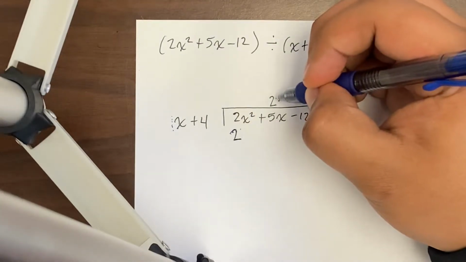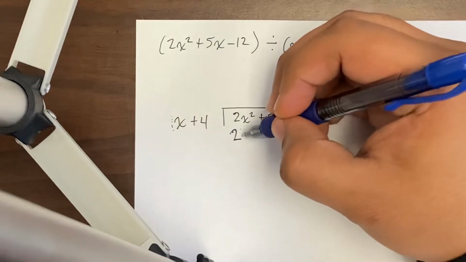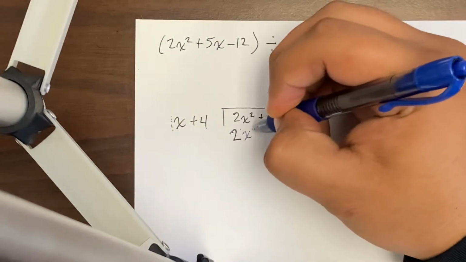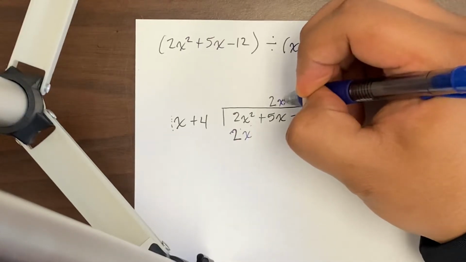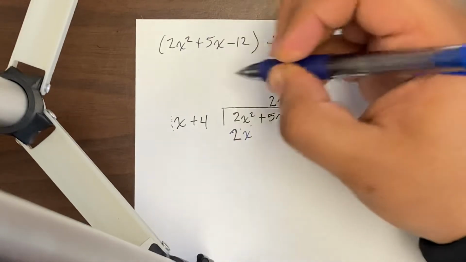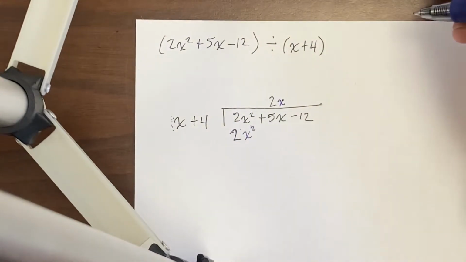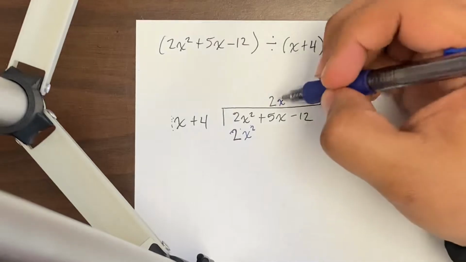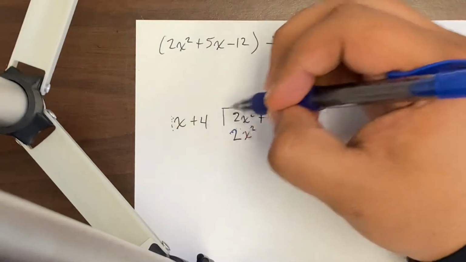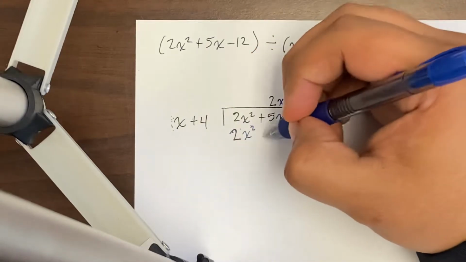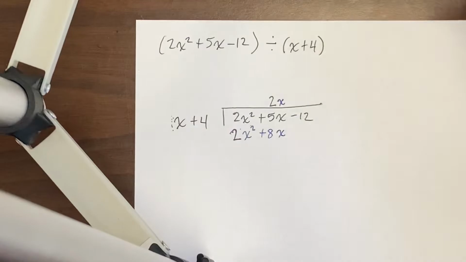Next, 2 times x just gives me 2x, and I need it to be squared. So I need to include another x right here because 2x times 1x creates that second power right there. And because I already found this first piece of information, then I just do it to the 4. 2 times 4 is 8, positive. There's only one x, so we keep that x.